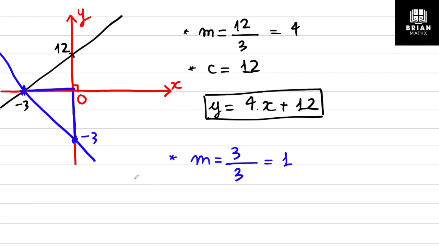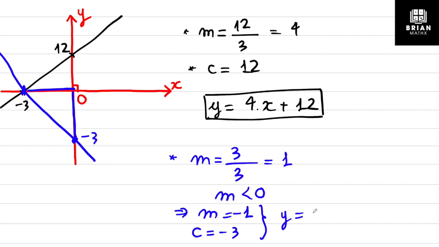But the blue line is a decreasing line, so m has to be less than 0. Based on that, m equals -1. And c is very easy, -3. So from this, you will get -1 multiplied by x -3, or you can simplify it to this form: -x -3.